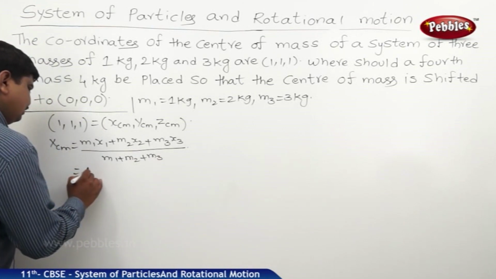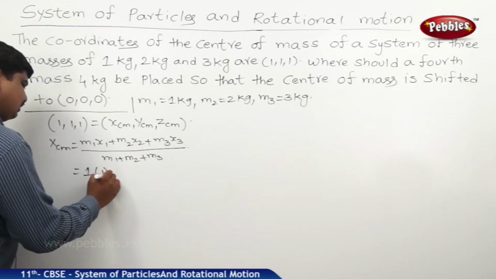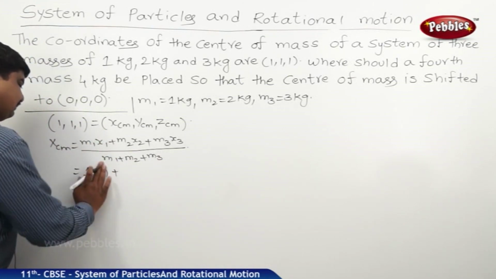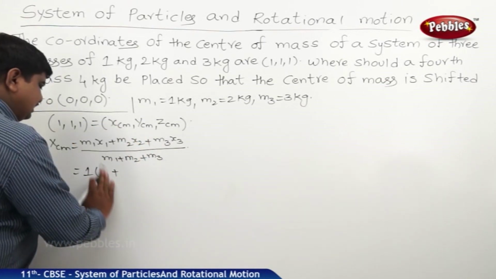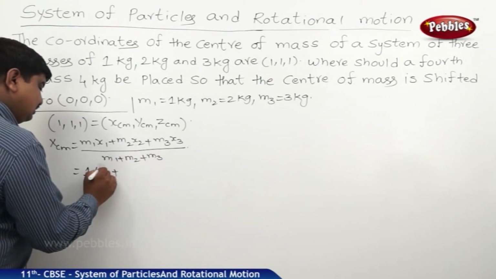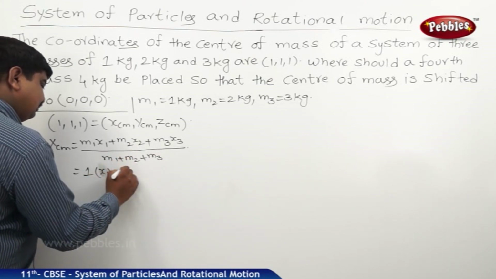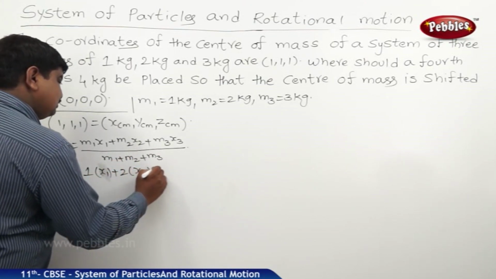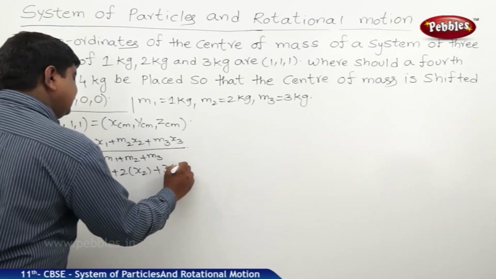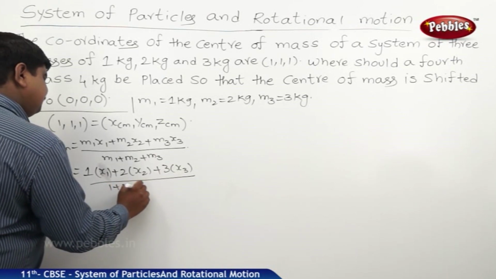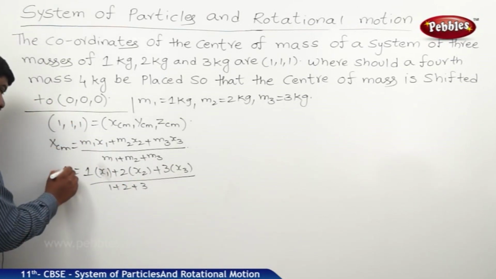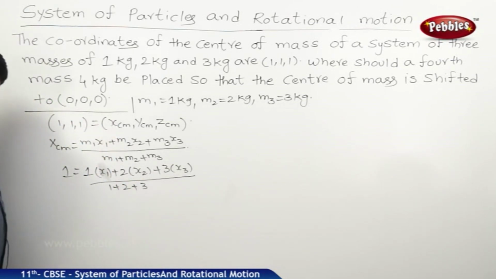So 1 into x1, and since we need to find out the positions, we need not substitute the x values, so we write x1 only. Then m2 is 2 into x2 plus m3 is 3 into x3, whole divided by 1 plus 2 plus 3, is equal to 1 because xcm is equal to 1.